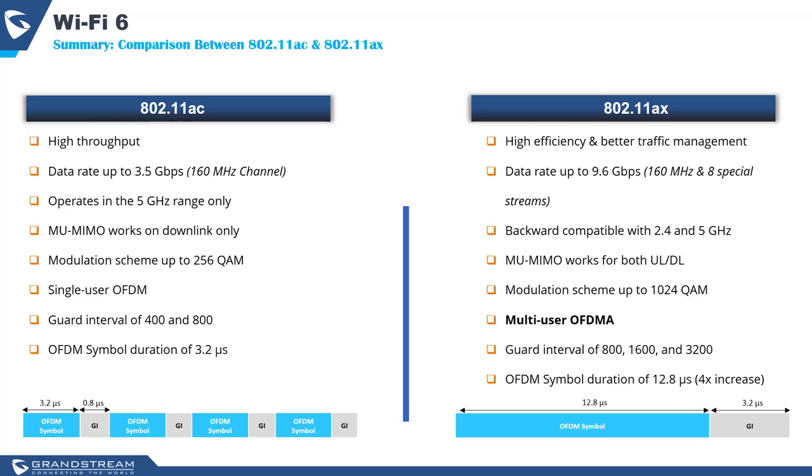Of course, it uses multi-user OFDMA, which I consider the biggest enhancement in Wi-Fi 6. It uses a guard interval of up to 3200. Just to explain what guard interval is, it is a period of time between symbols, and it works as a buffer for symbol delay.